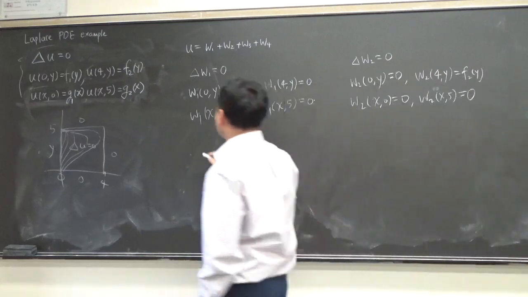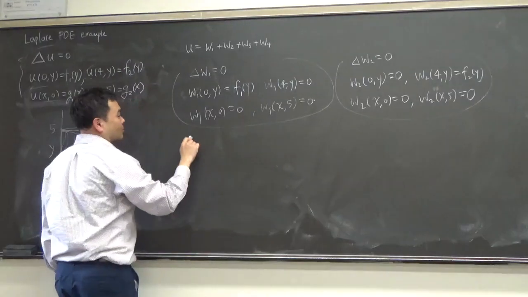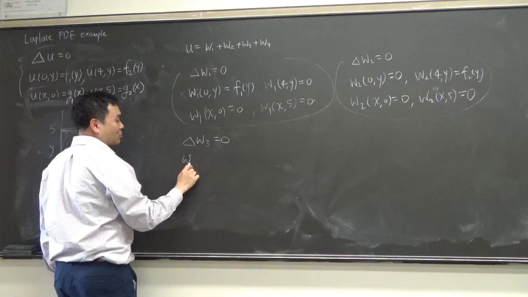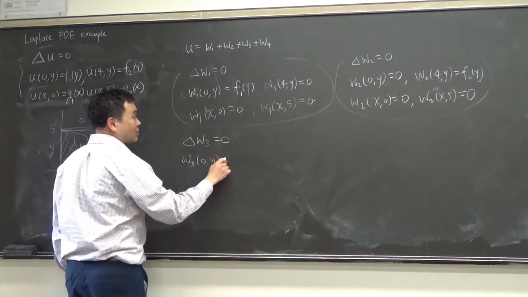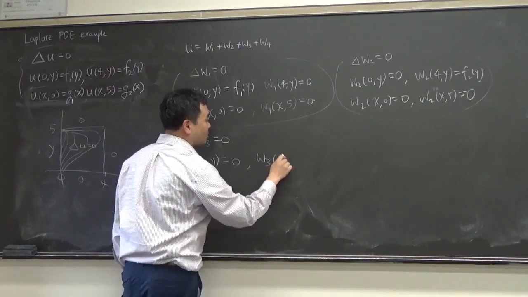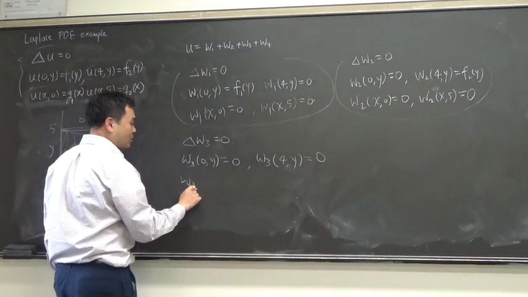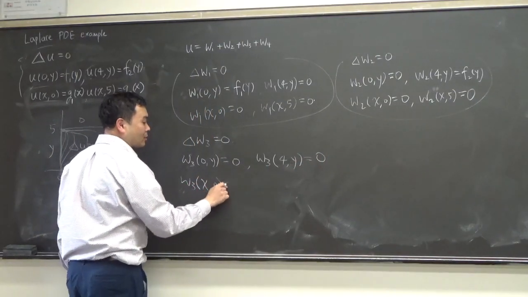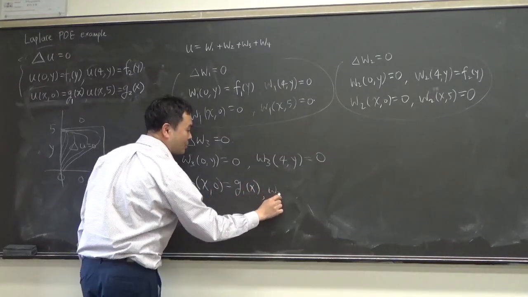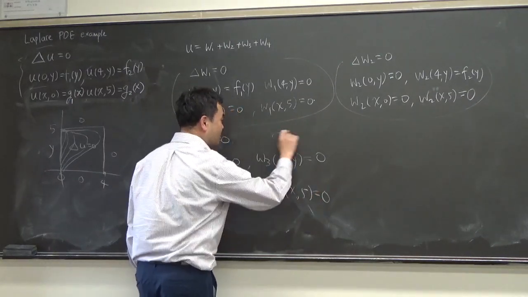Okay, and then w3 would be satisfying the Laplace equation, and w3 of (0, y) would be 0, and w3 of (4, y) would be 0. w3 of (x, 0) would be g1 of x, and then w3 of (x, 5) would be 0.